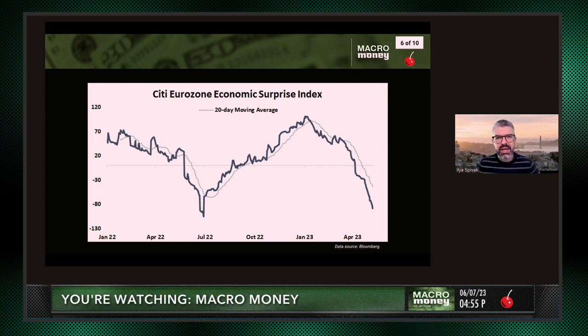So the economy in the Eurozone, against the backdrop of this tightening, is weakening in a hurry. And what you see in looking at inflation expectations is they're still tracking higher. This is, of course, a tremendously difficult sort of a trap for the ECB to get out of.